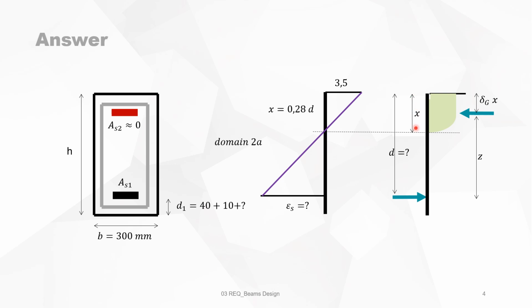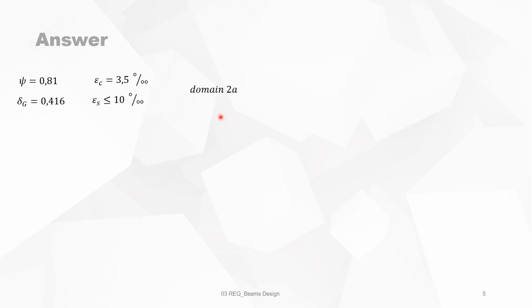It's on this side, x. We know what x is, but we do not know the lever arm. Because it's domain 2A, we see immediately that the compressive strain is 3.5, and the steel strain must be smaller than 10 per mil.